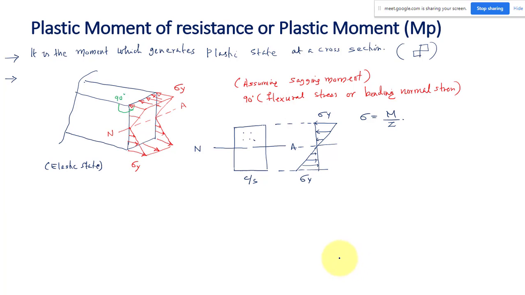So what will happen in the plastic state? I will be having the same beam. Let us draw the three-dimensional view. This is my beam cross section, a rectangular beam.